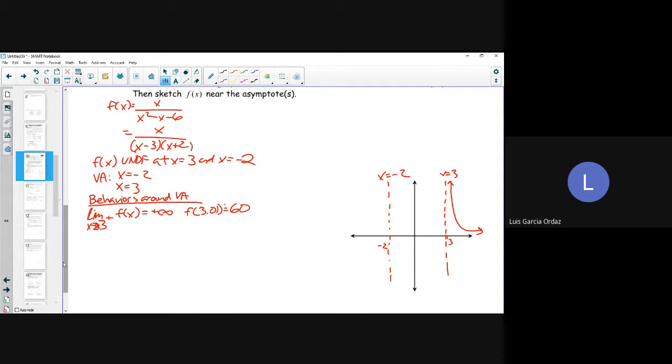Now, if I take the limit of x approaching 3 from the left, so let's say I have f at 2.99. What is my value of f at 2.99?